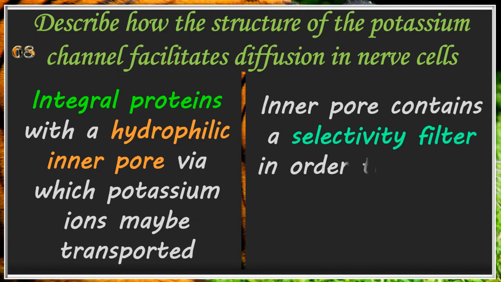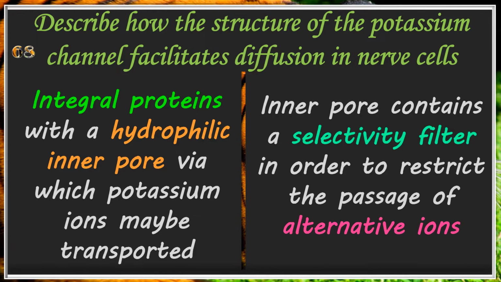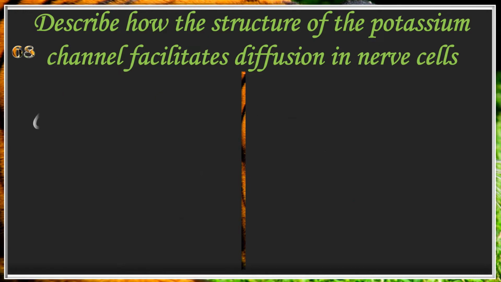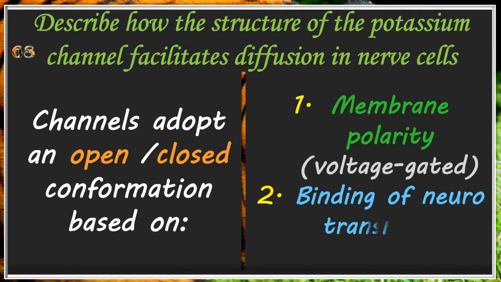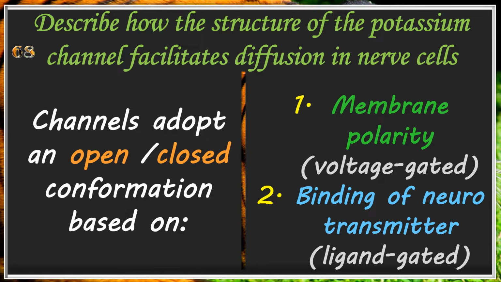The inner pore contains a selectivity filter in order to restrict the passage of alternative ions. Channels adopt an open or closed conformation based on 1. Membrane polarity, that is voltage gated. Secondly, binding of a neurotransmitter, which is the ligand-gated.